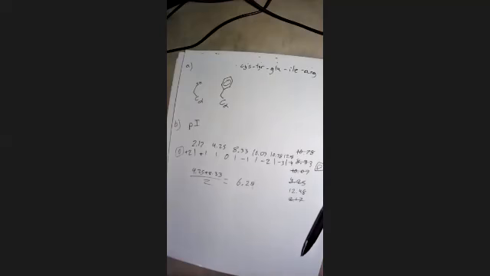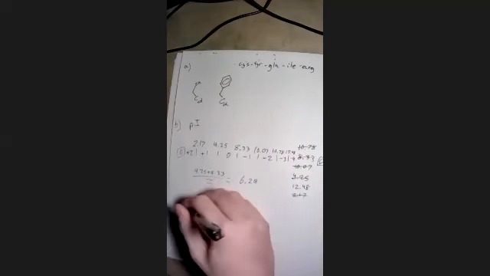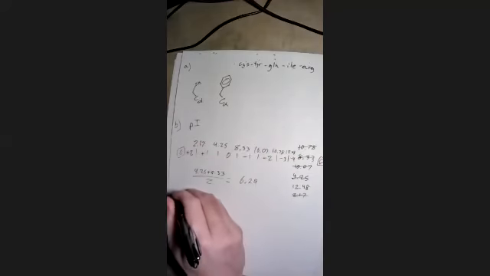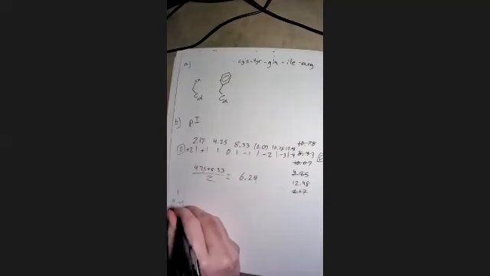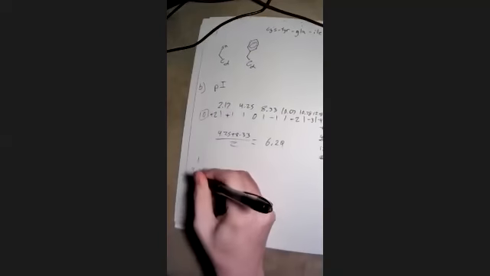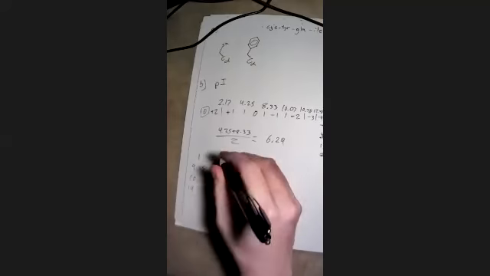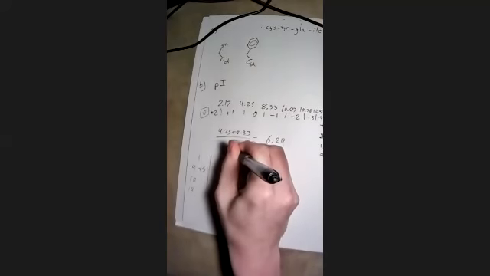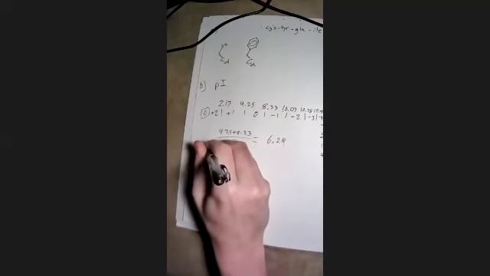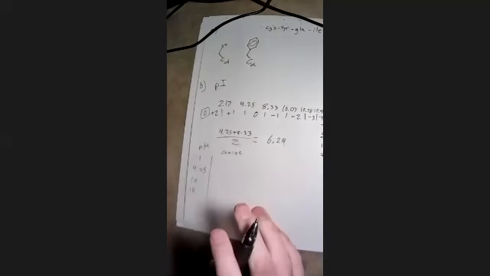All right, so that is for B. And then C, net charge of the polypeptide at these certain pHs. We have pH 1, 4.25, 10, and 14. I'm just gonna make it a chart.